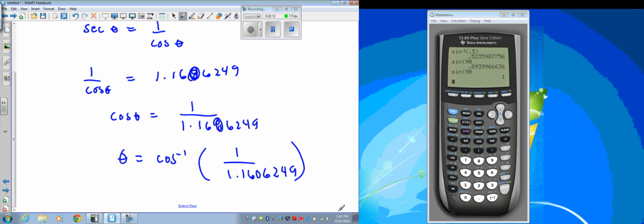So now the angle that we're going to deal with is cosine inverse of 1 divided by 1.1606249.